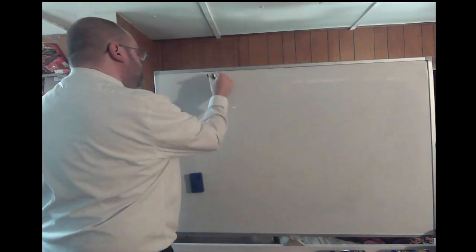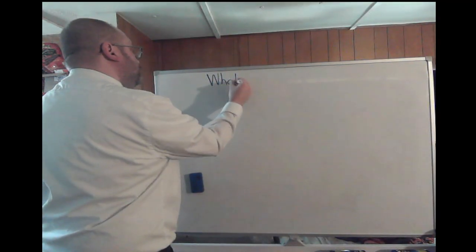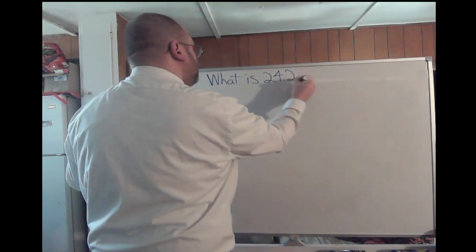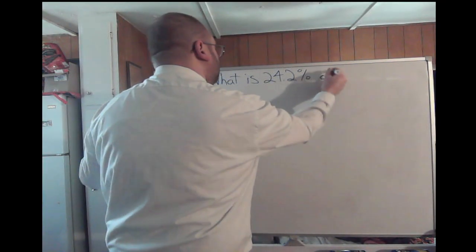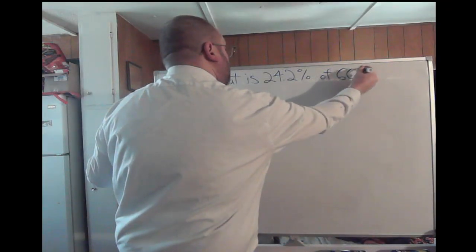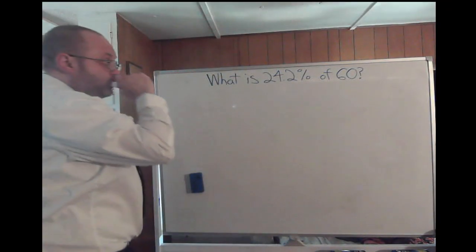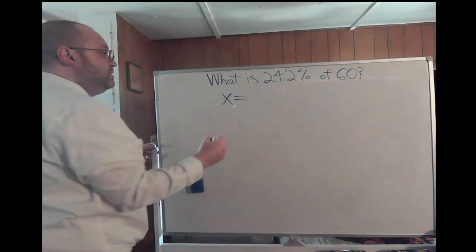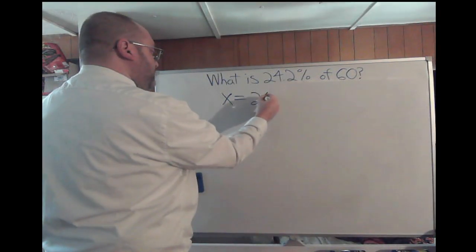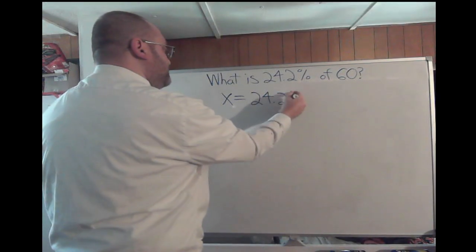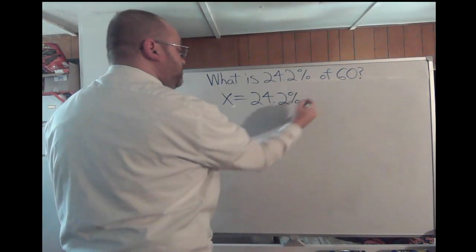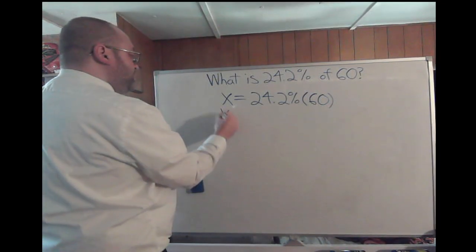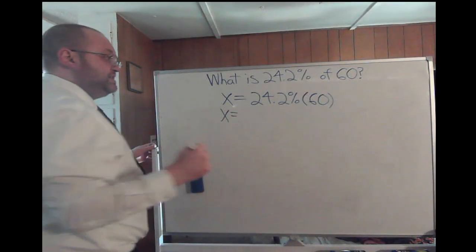All right. What is 24.2% of 60? So what is the variable? Is means equal to 24.2% of 60, which means you're multiplying 24.2% times 60. Now let's express 24.2% as a decimal.